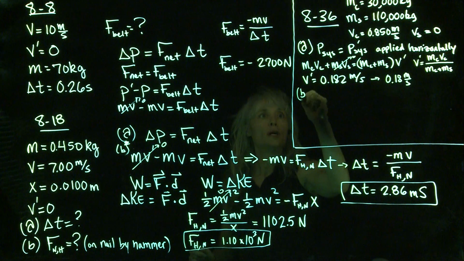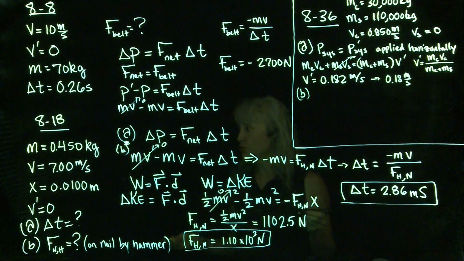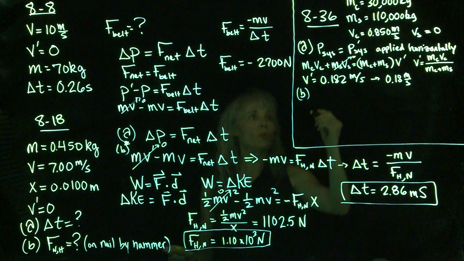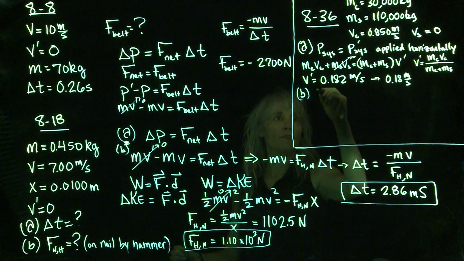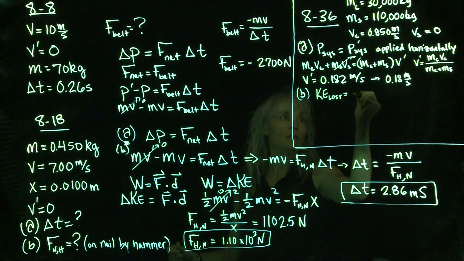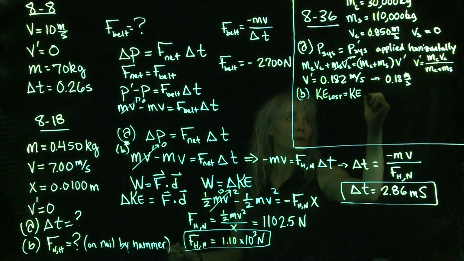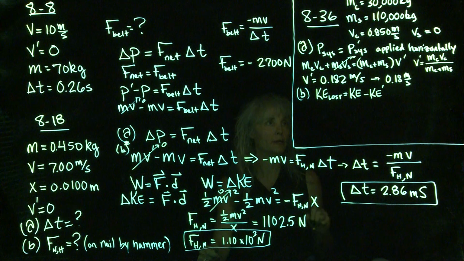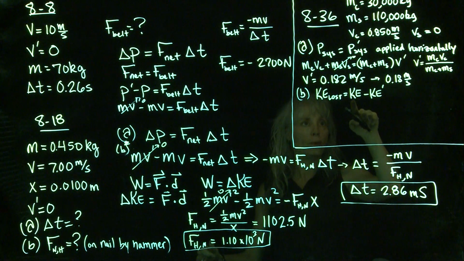In part B, we want to know how much kinetic energy was actually lost. And so we want to compare the initial and final kinetic energies. So kinetic energy lost is going to be equal to the initial kinetic energy minus the final kinetic energy. That's the amount of kinetic energy that was lost. Notice no prime for initial and a prime for final.